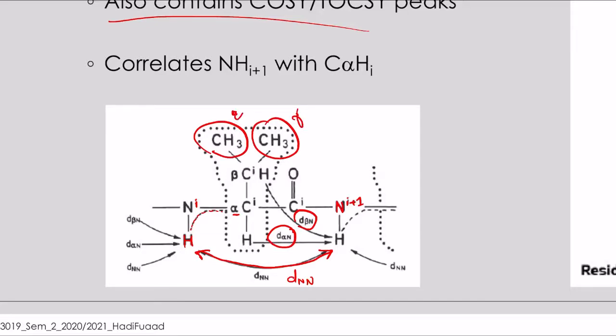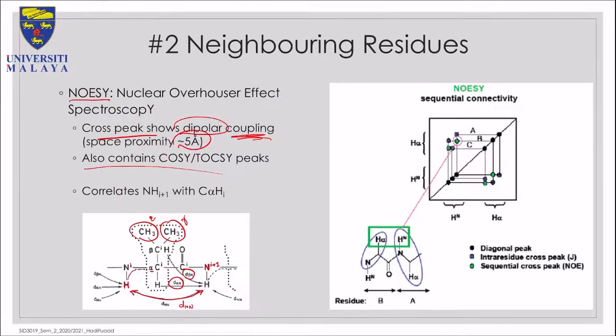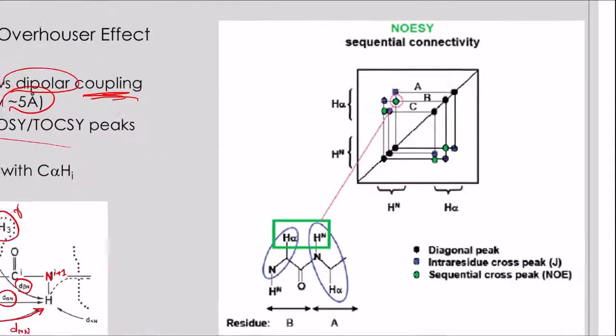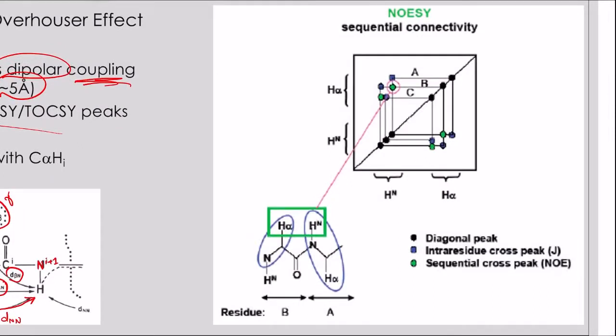You might see it, but you might not, depending on the situation. So what you will see in the NOESY spectra is basically one coupling, so you can identify the dipolar coupling between one amino acid within amino acid.